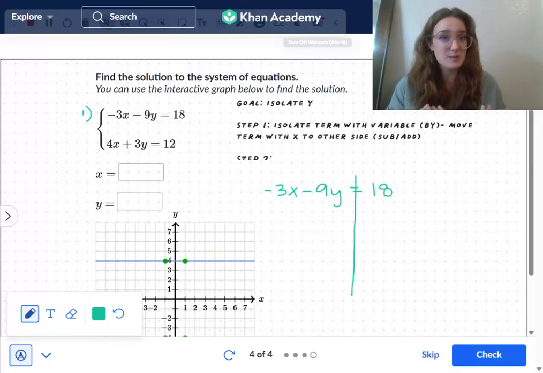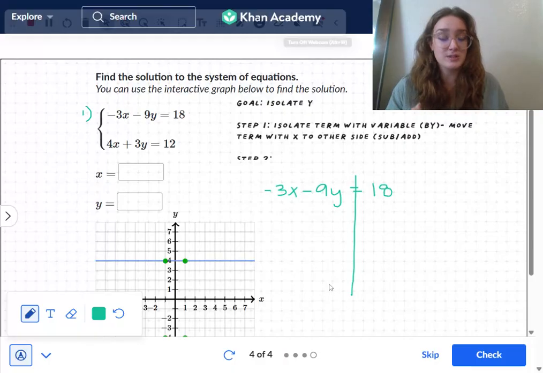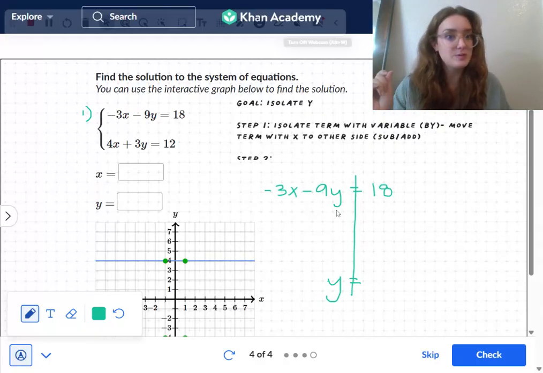Because once it's in slope-intercept form, we're golden. We know how to graph, right? We've learned how to graph once it's in slope-intercept form. So all we're doing is taking this equation and moving some things around so we can see what it looks like in slope-intercept form.